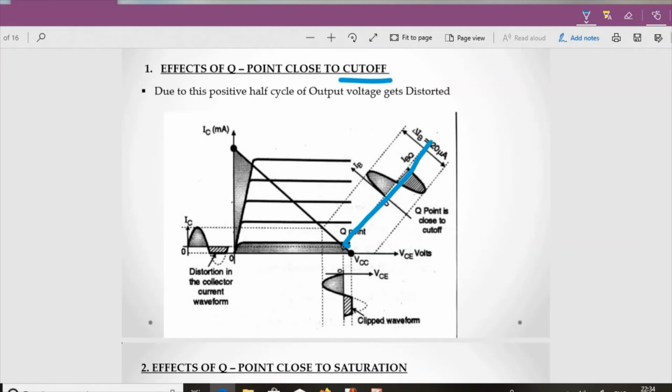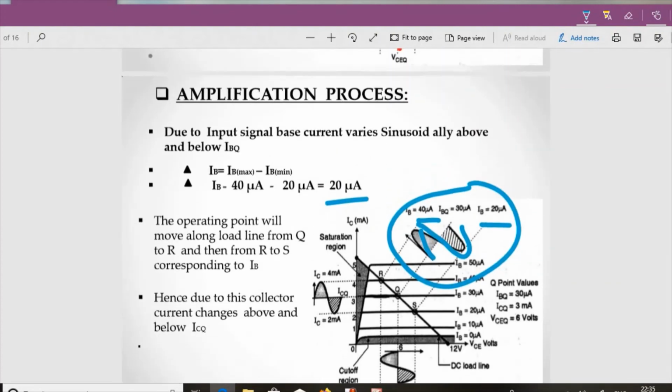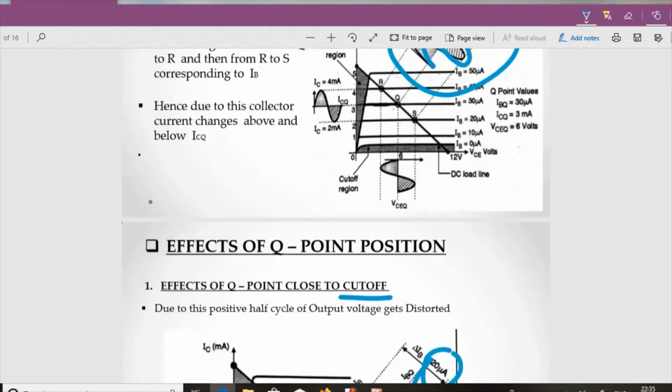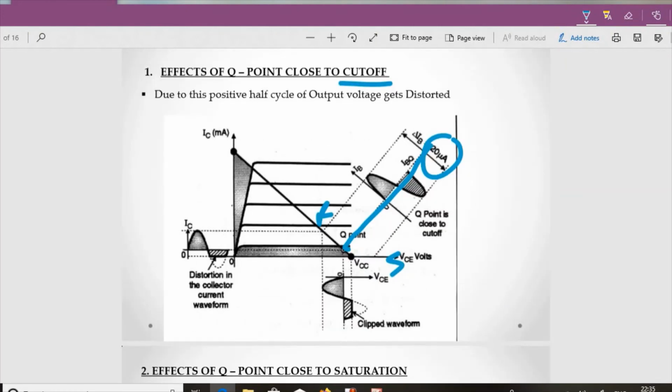Along with this Q point, this would be the R and S value, so it will again vary. Now you can see that IB is varying by 20 microampere overall, which we have already calculated. With that same magnitude, your IC will also vary.